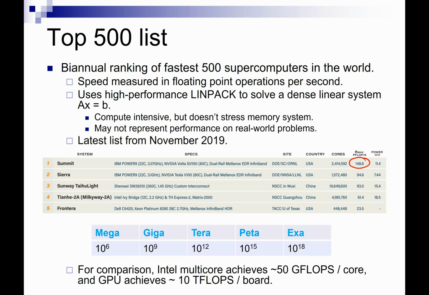And you can also compare this performance to a graphics processing unit, a GPU, which can do about 10 teraflops per GPU. And here, again, we're doing about 150 petaflops. So that's like 15,000 times faster than a GPU, which can only do 10 teraflops.